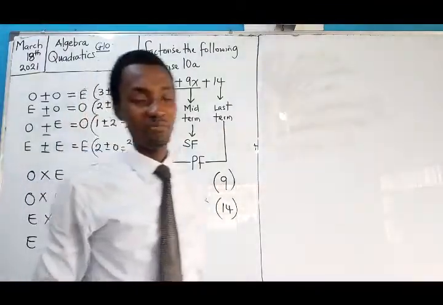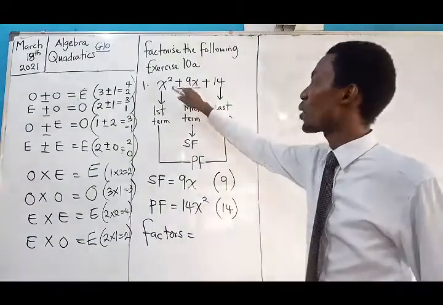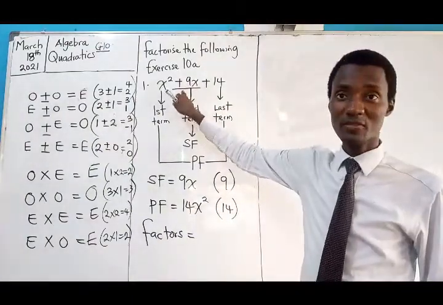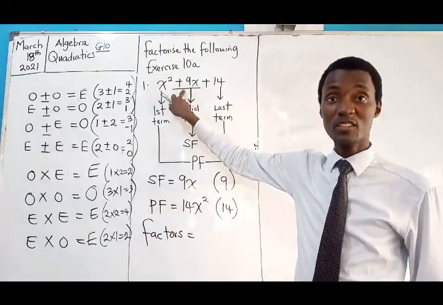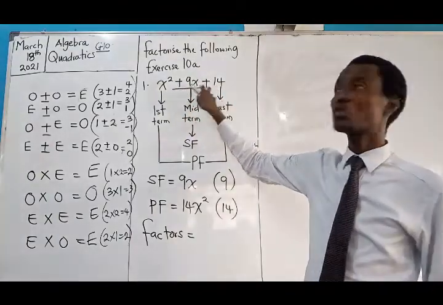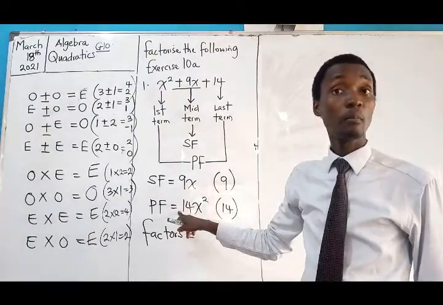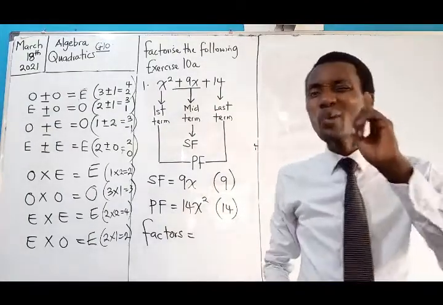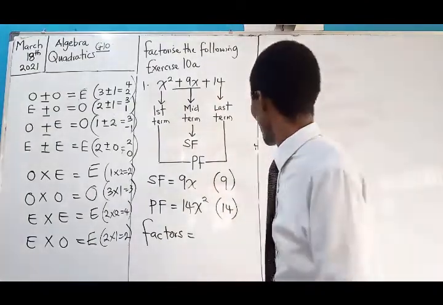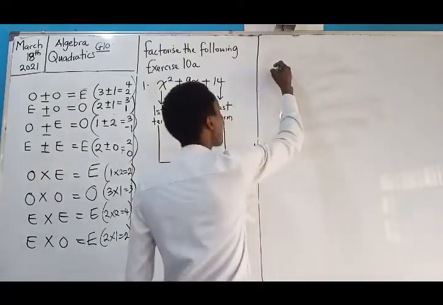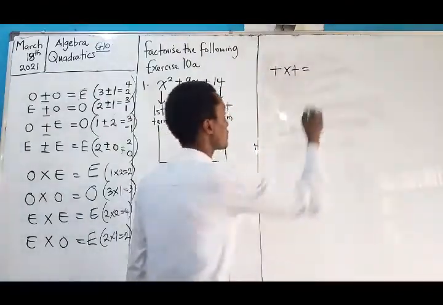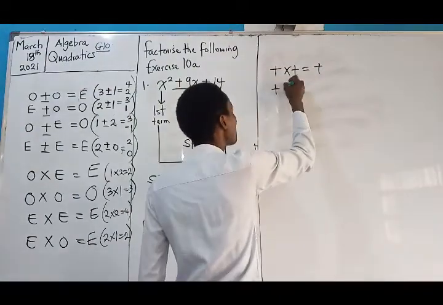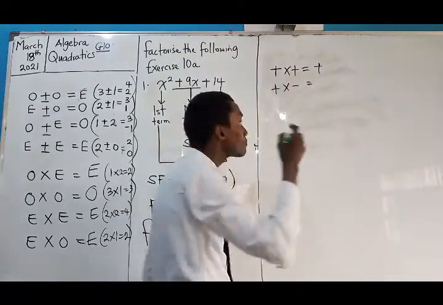So watch carefully. What is the sum here? Is it positive? I need you to respond. What is the sum here? Positive, is that not? What is the product? Positive, is that not? Now remember, I don't know whether you have been taught that. If I have positive times positive, what do I get? Positive. If I have positive times negative, what do I get? Negative.